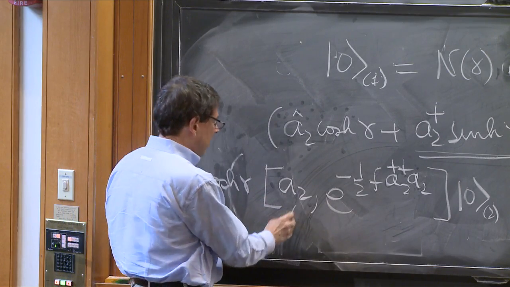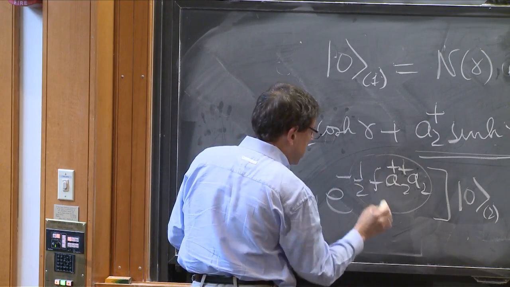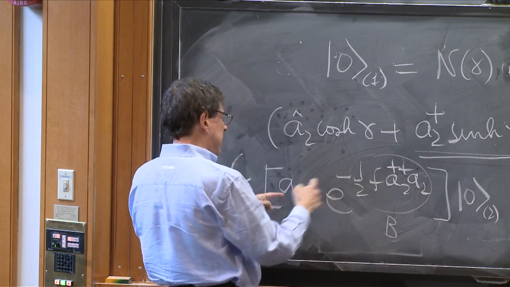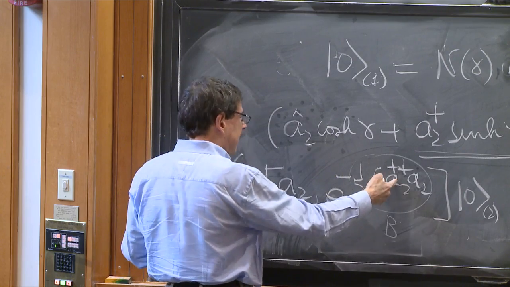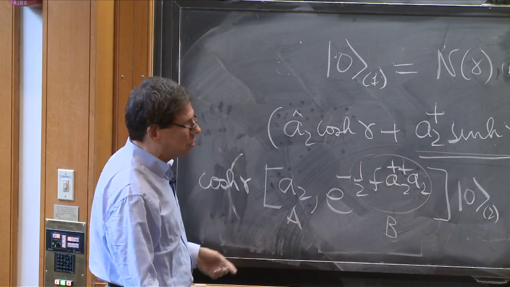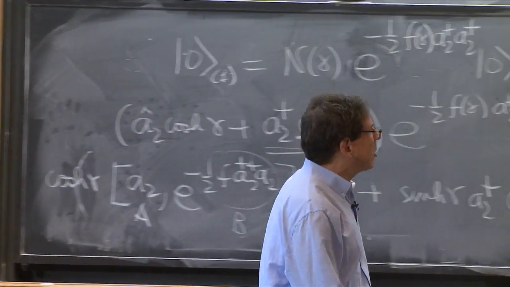So the commutator of A with B is just an A dagger up to a function or a number, and an A dagger commutes with B, so you are in good shape. This is true. So what do we get here?